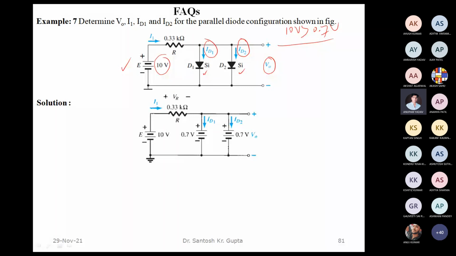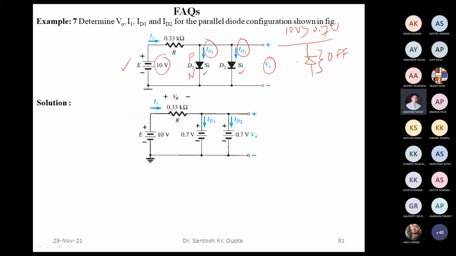Why are these on? Because the diodes are connected in such a way that the P side is facing the positive polarity of the input potential. That's why it is becoming on. If the configuration is just reversed like this, then with the same potential source such a diode will be off, because it is opposing the potential here.